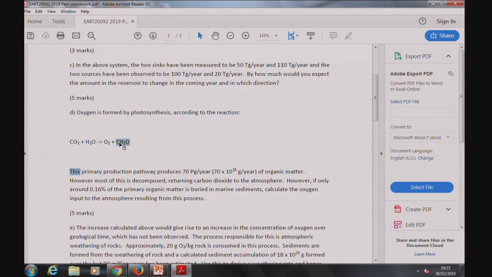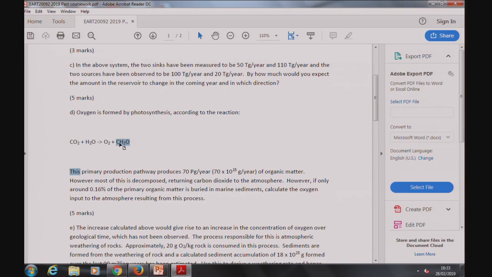So this is the biomass that James is talking about. And he's saying that most of this then goes on, I guess, to produce oxygen, half a mole of oxygen, and other stuff.